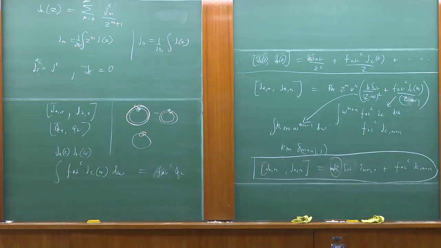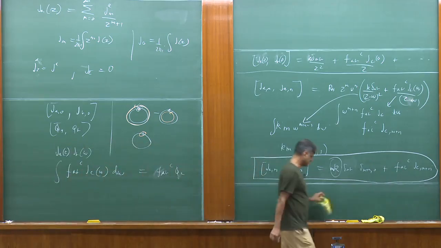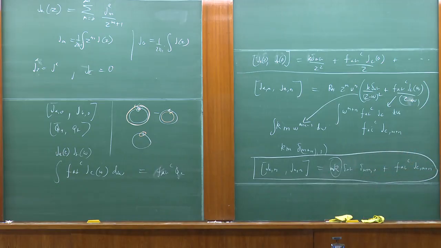The question was, why should we expect k to be an integer? You see, you can absorb k into the normalization of J, but then that changes the normalization of f. So if you choose a canonical normalization for f, let's say for SU(2), the usual epsilons, then k has meaning.